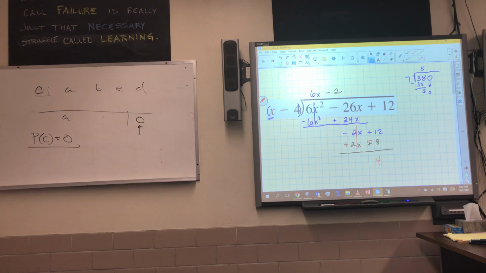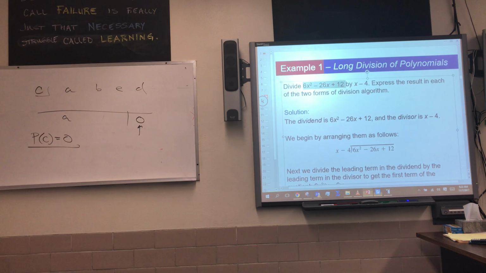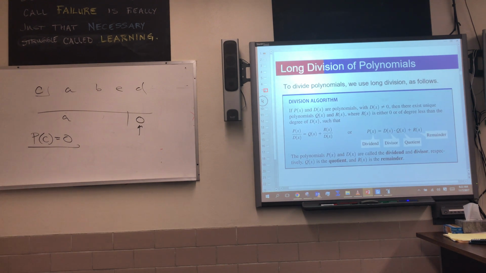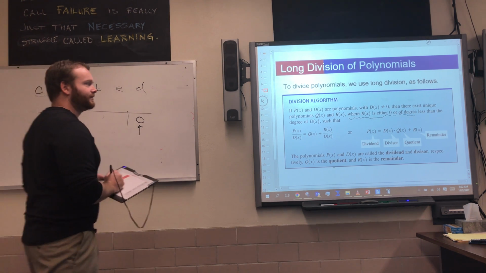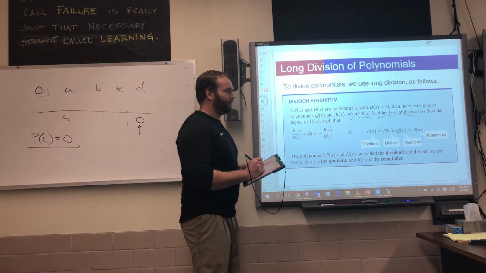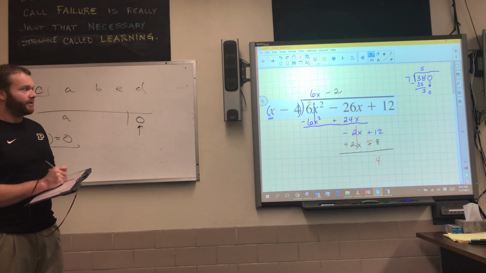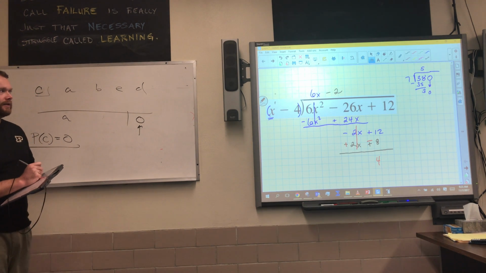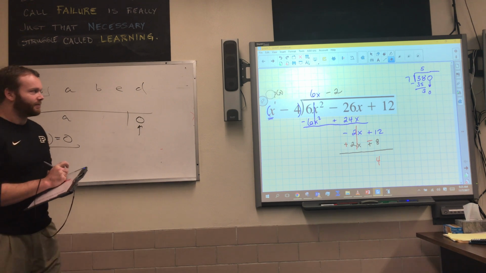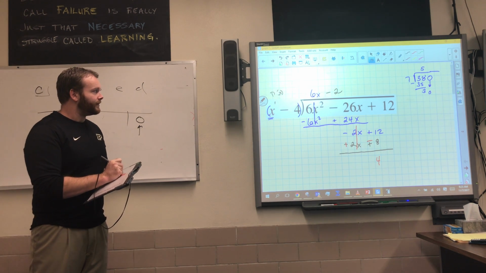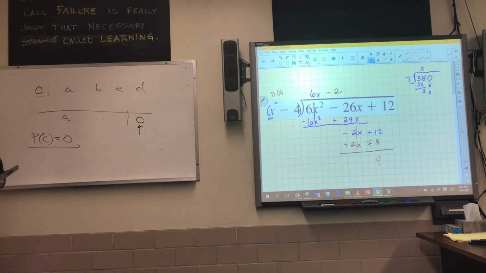Okay? Now, the algorithm tells us we're done. And how do we know we're done? If we go back to the PowerPoint, it says right here, where r of x is 0 or degree less than the degree of d of x. So let's think about this. The degree of d of x, that degree is 1, right?